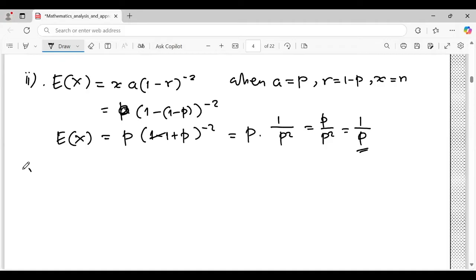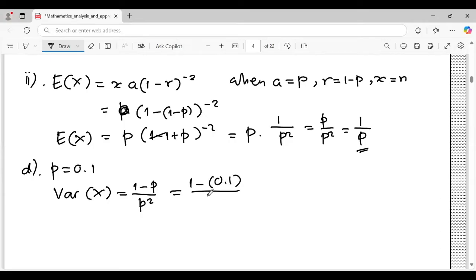p equals 0.1. So the variance of X is 1 minus p over p squared. So it is 1 minus 0.1 over 0.1 squared. 0.9 over 0.01.